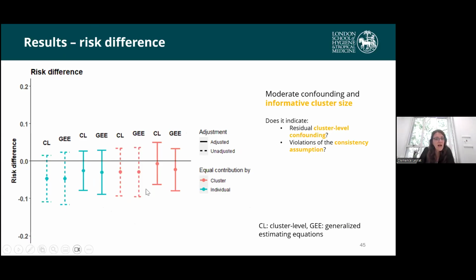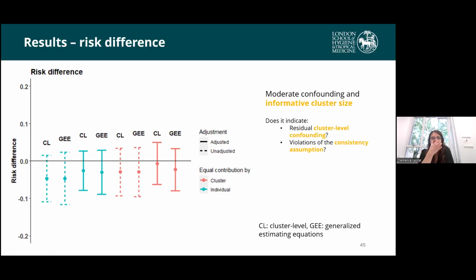Then, when we look at the population for inference, we see as well that when we give the same weight to each cluster, we get closer to the null as well. So because of the difference between the result in blue and result in red, maybe it indicates that there is maybe a little bit of informative cluster size.